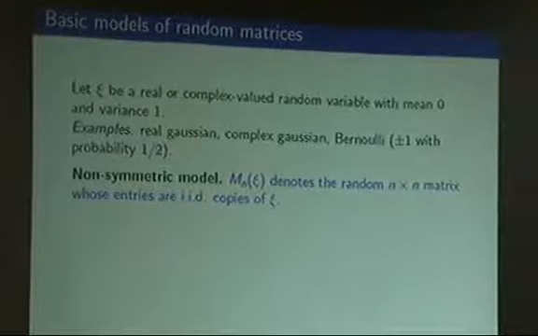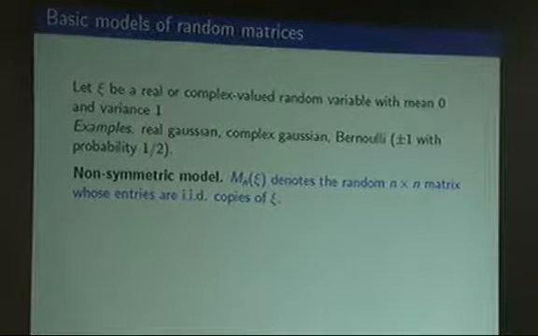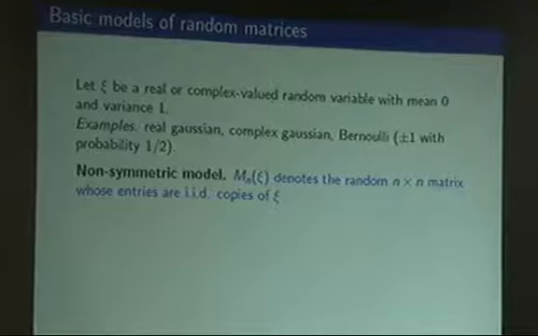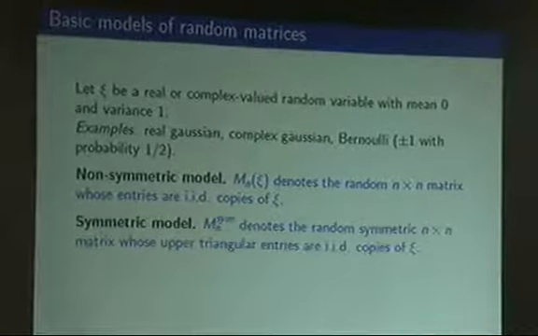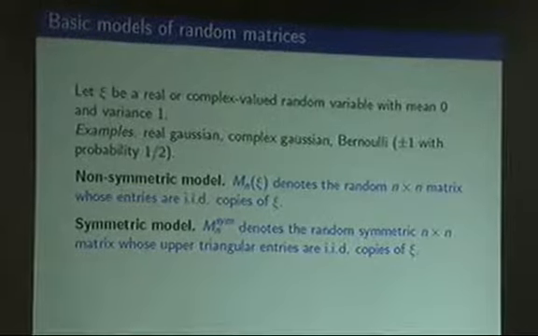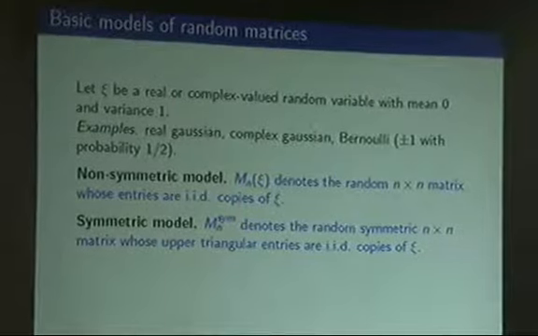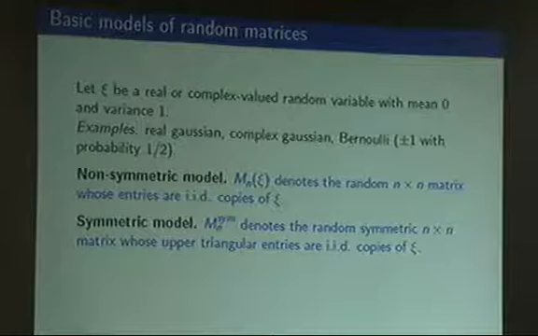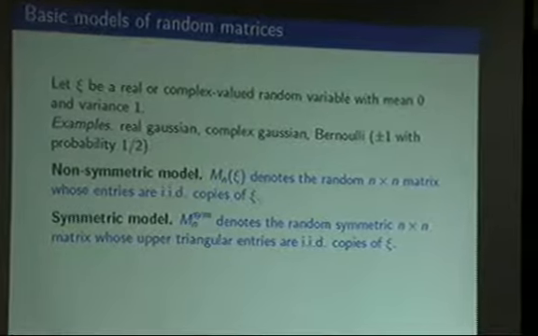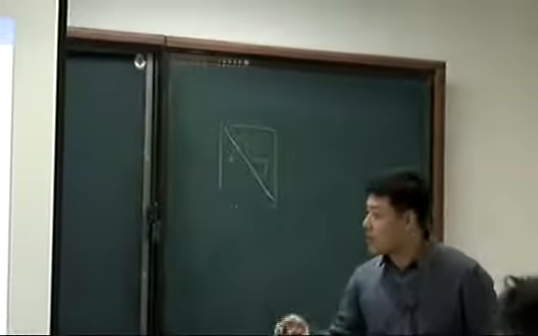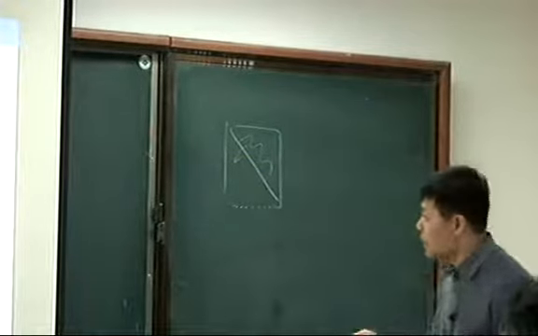So there are two models. The non-symmetric model, where every entry is independent. And the symmetric model, where of course you have independence only up to the symmetry. So only the upper triangular entries are IID. Right? So only this part is random, and the lower triangular entries are just the mirror reflection of the upper part.